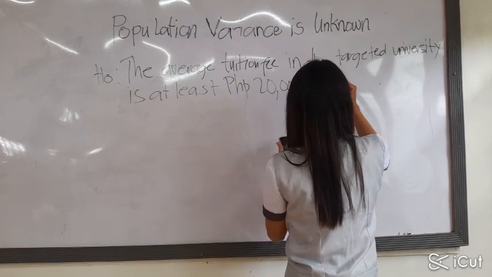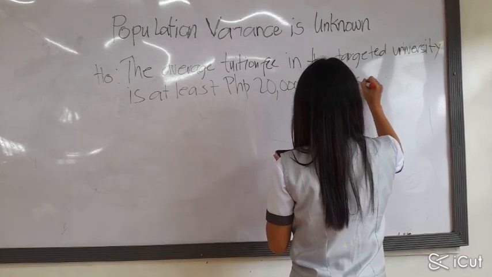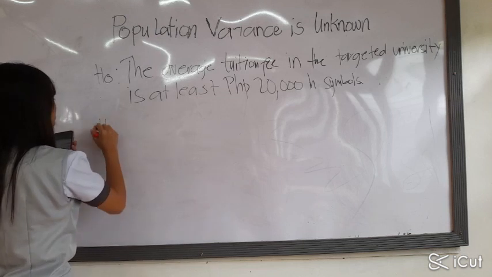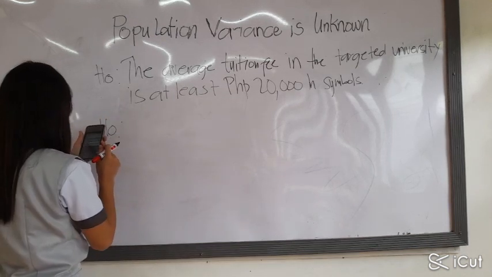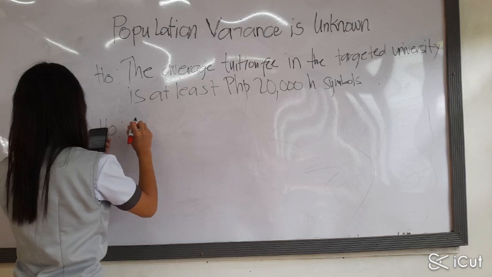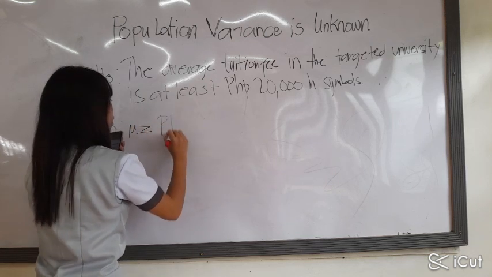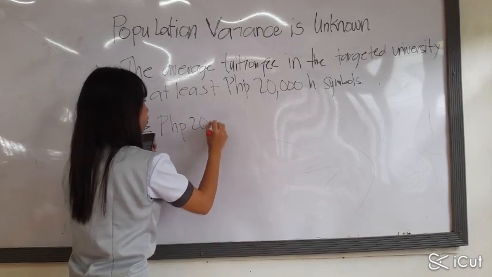In symbols, H0: mu greater than or equal to 20,000 pesos.